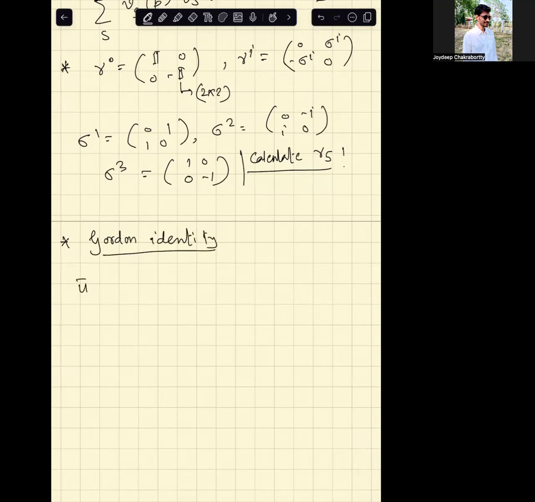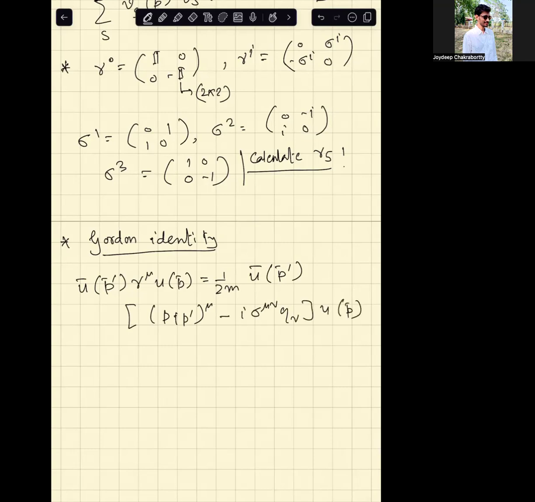Okay. Another important identity, which is known as the Gordon identity, is very useful to write down. u bar p prime gamma mu u of p is 1 by twice m, u bar p prime, and then you have p plus p prime mu minus i sigma mu nu q nu, u of p. Now you will get a bit of a feeling about the sigma mu nu here. What is this structure?